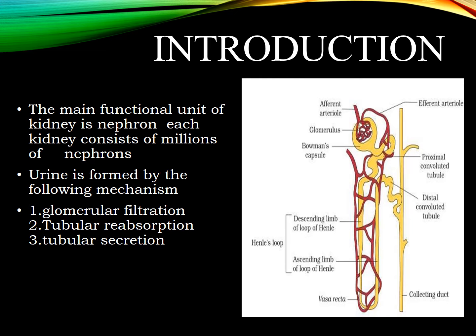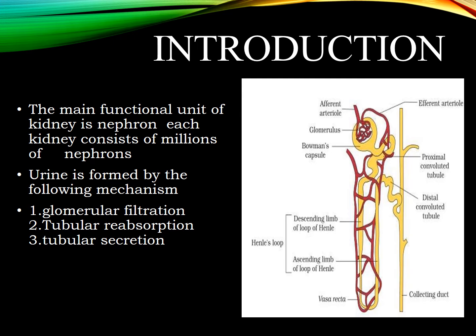In the picture we can see the diagram of a nephron. It shows the afferent and efferent arterioles, which are enclosed in a Bowman's capsule. The Bowman's capsule continues to the proximal convoluted tubule, which joins the loop of Henle.